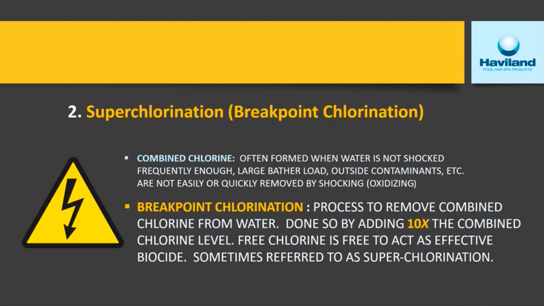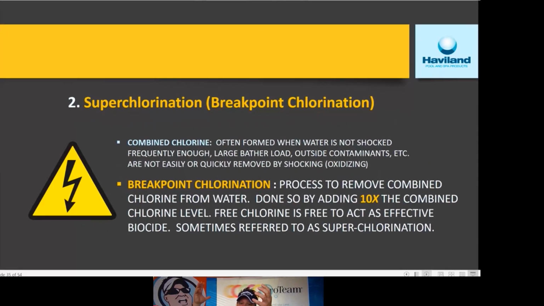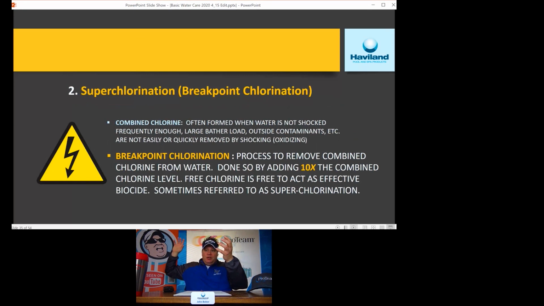I don't know what the demand is, okay? I know I have this much chlorine tied up, but there could be a whole bunch of other stuff floating around over here. So when I add that 20 pounds of chlorine, what happens? Well, it attaches to this stuff over here. So now instead of 4 parts per million of total, I've got 10 parts per million. I just made the problem worse.